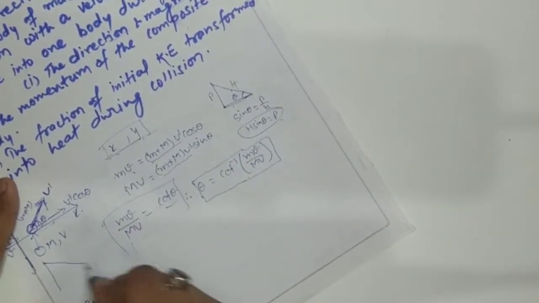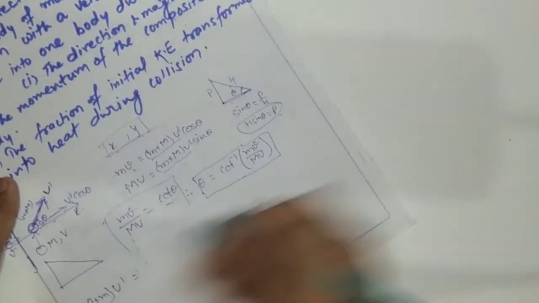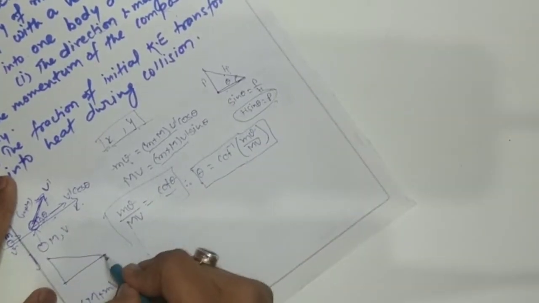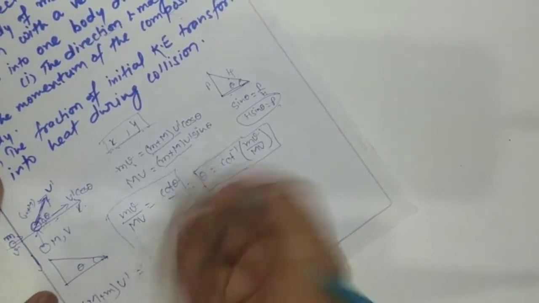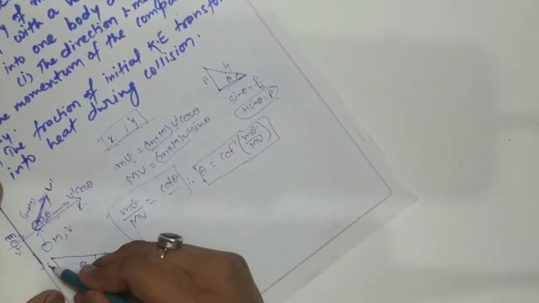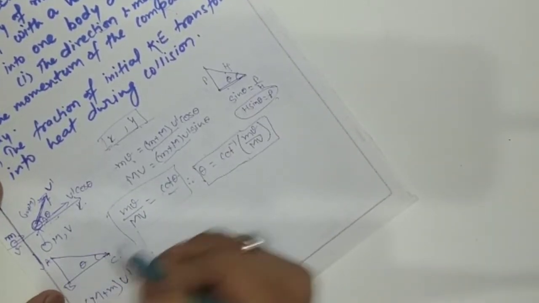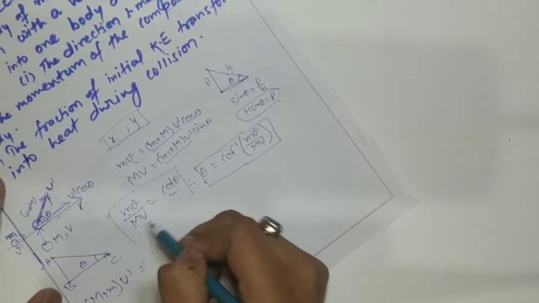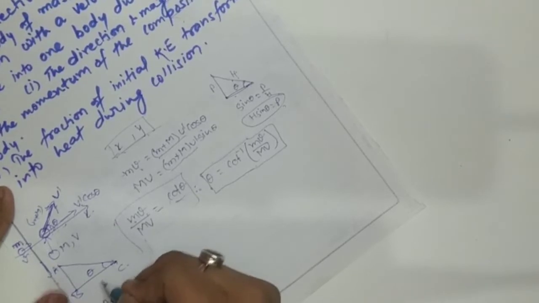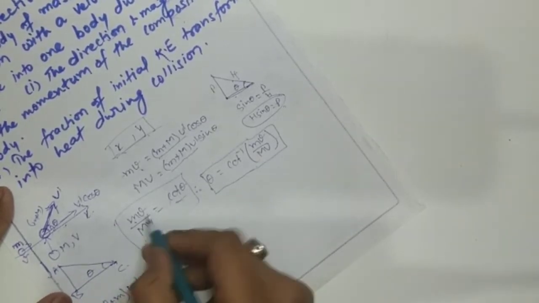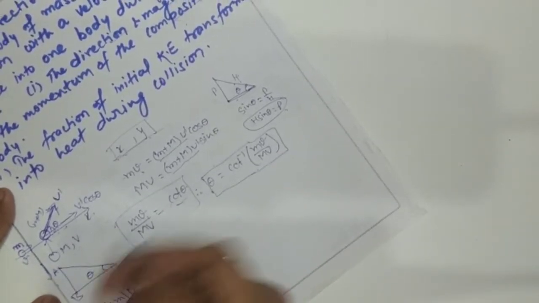Right now we are going to use the trigonometry we have used previously. Suppose this is an angle theta of some triangle ABC. We know that tan theta is perpendicular upon base, therefore cot theta should be base upon perpendicular.